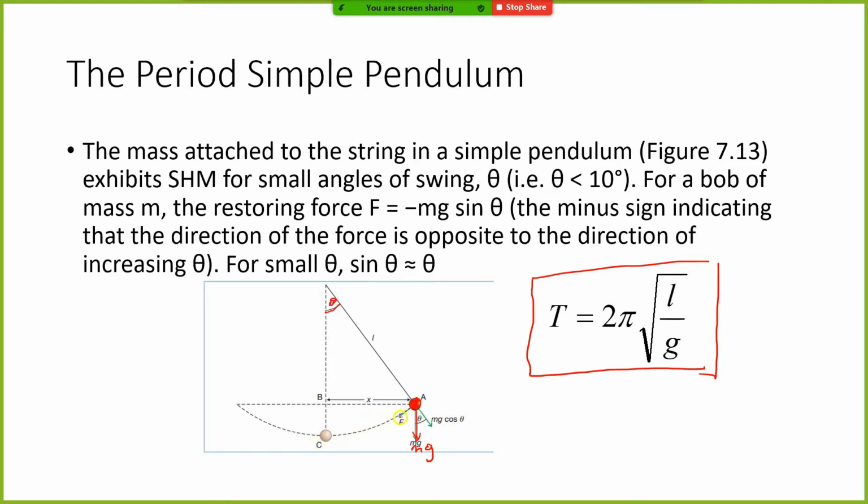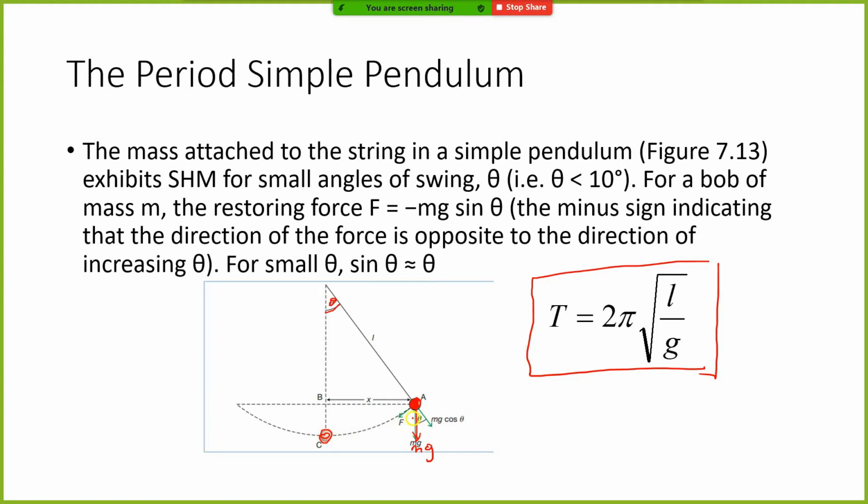That force is what we call the restoring force. And as the name suggests, it wants to restore the pendulum back to its equilibrium position, which is right at this point. But how do we find that restoring force?